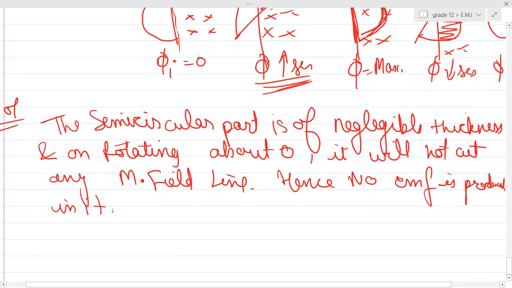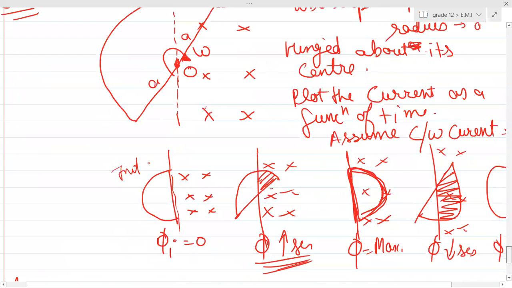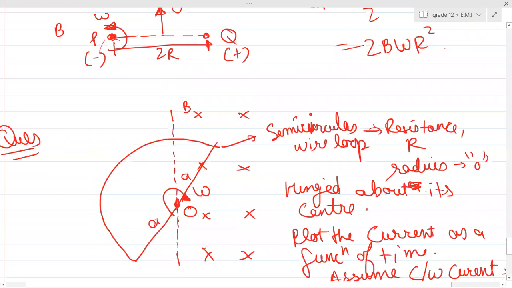Right? Yes or no, guys? So here, when the loop will be like this, can you see this part is out of the magnetic field. Let's name it as O, P, and Q. So can you see OP part is out of the magnetic field?